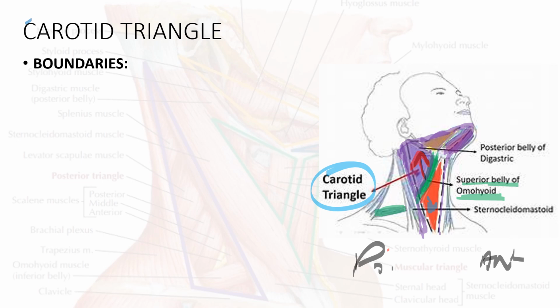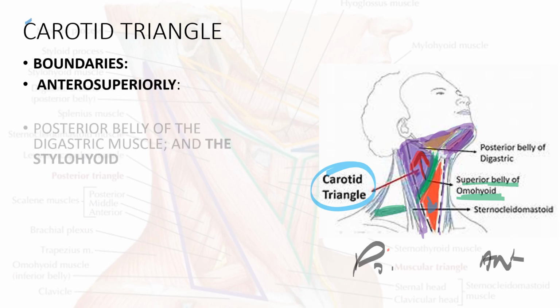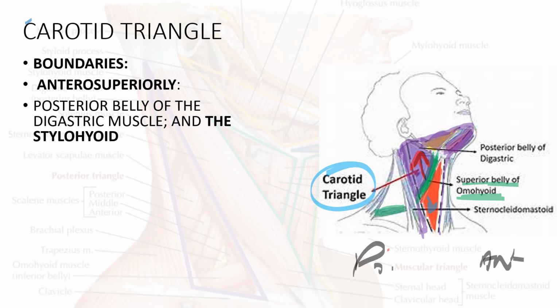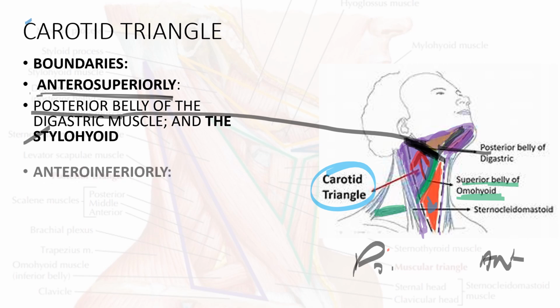So from this diagram you can easily appreciate the structures or the boundaries of this triangle. The anterior superior, this is anterior superior. Here is the muscle जिसने ऊपर वाली triangle बनाई थी. Okay, yeah, this is digastric muscle. So anterior superior, the border is formed by the posterior belly of digastric muscle. Here this is the posterior belly of digastric muscle and stylohyoid muscle.